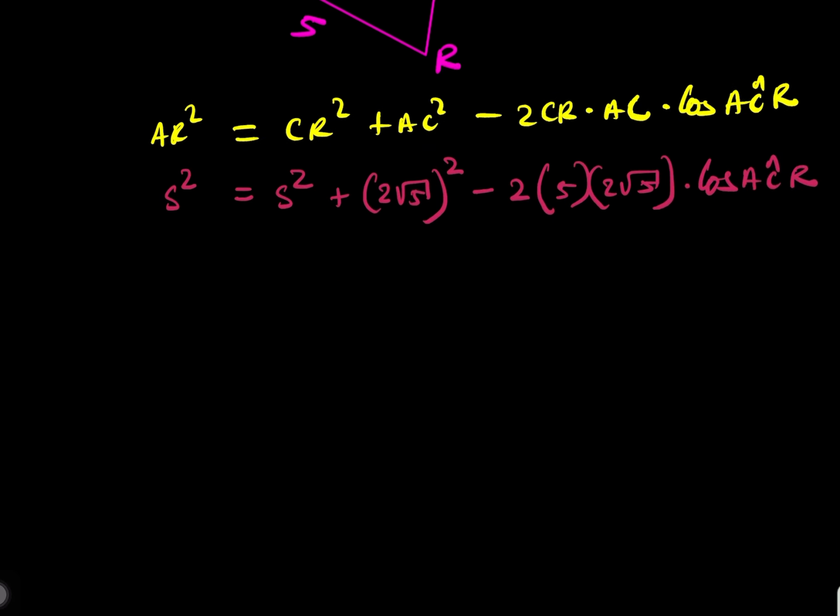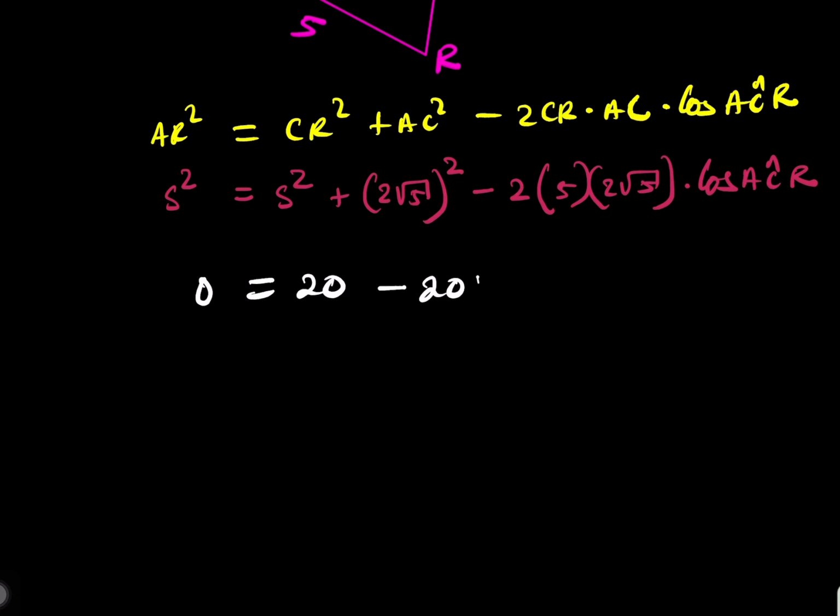Now you will see that this will cancel with that. It's 0 basically. So you've got 0 is equal to, and then this one, that is a negative, it's a positive 20, that is 20, I would like to believe, minus, and then this is 10 times 2, that is 20 as well.